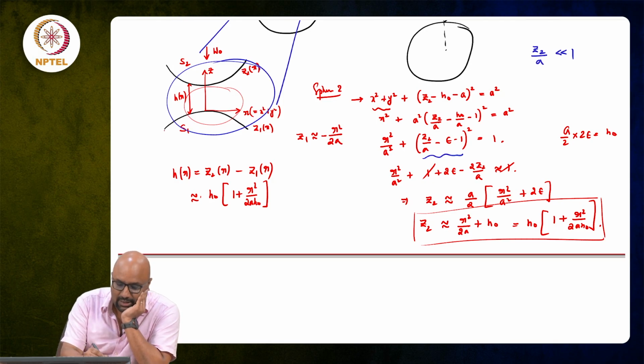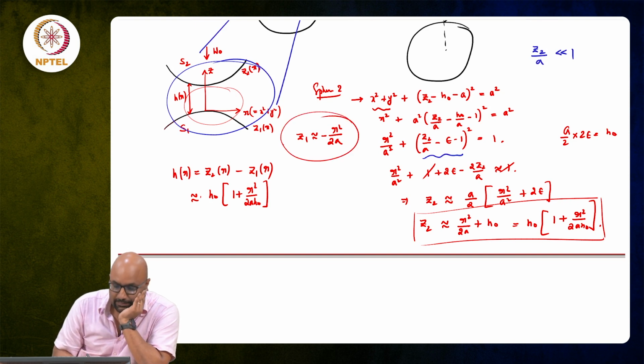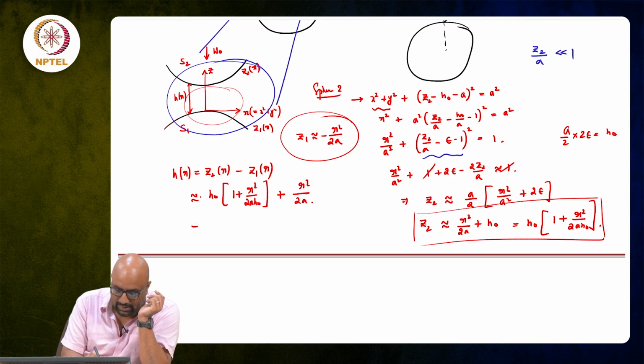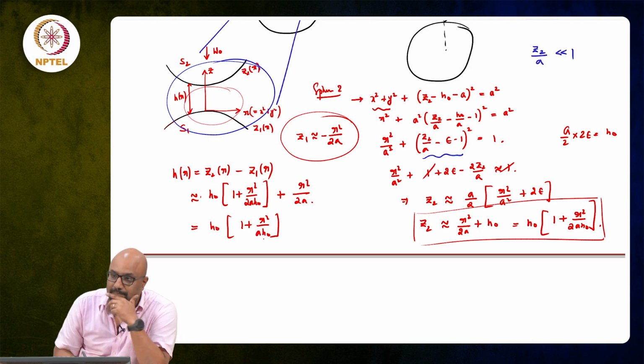So, this particular surface is going to be minus R square by 2A. Okay. So, there is a minus minus plus R square by 2A, which I can then write as H naught 1 plus R square by A H naught.